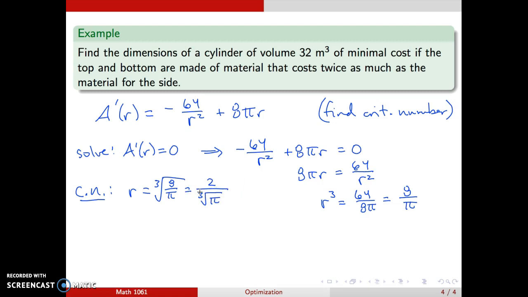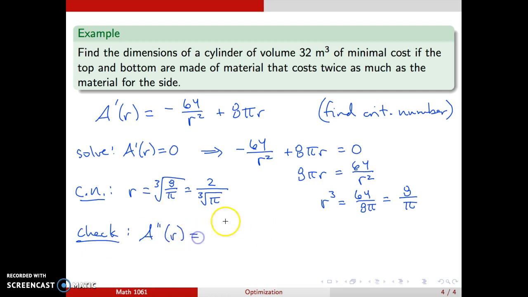So if we've set this up right, this is our only possibility, and it's going to be the dimension that minimizes that weighted area, which would be the dimension that minimizes that cost. We do want to check quickly. We could use a second derivative test.